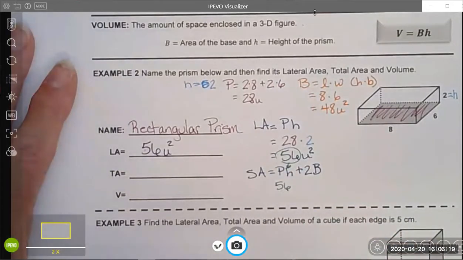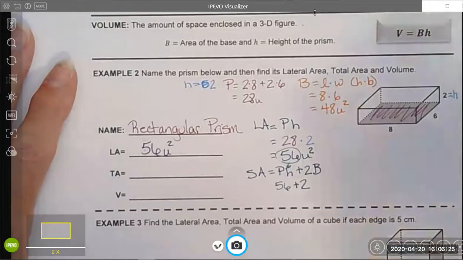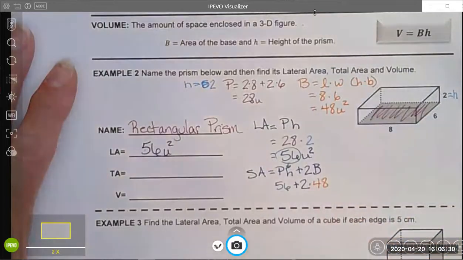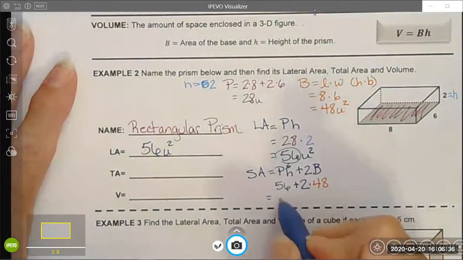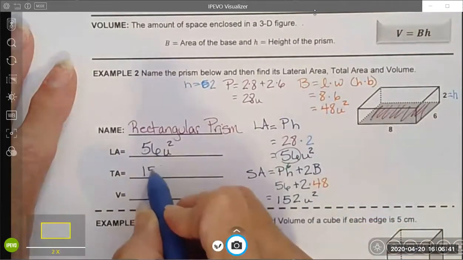You can if you choose. And then I'm going to add in 2 times the area of my base, which was 48 units. And from there, I simplify, and that gives me a total surface area of 152 units squared. I'm rocking it out now.